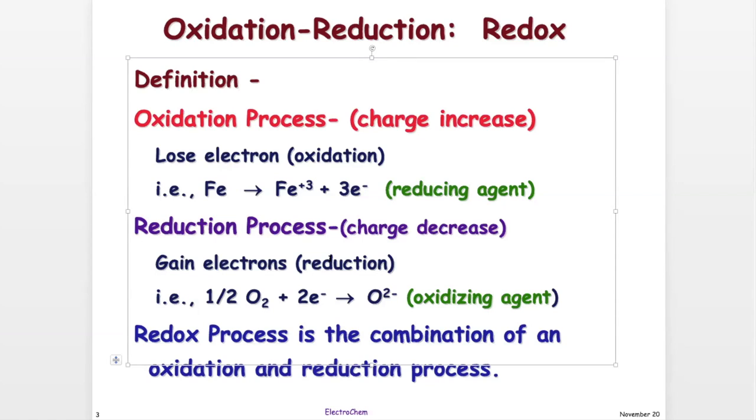Chemicals that undergo reduction are the oxidizing agent, because by accepting that electron, it causes its partner to give up electrons and its partner gets oxidized. So make sure you understand the difference between an oxidizing agent and a reducing agent.